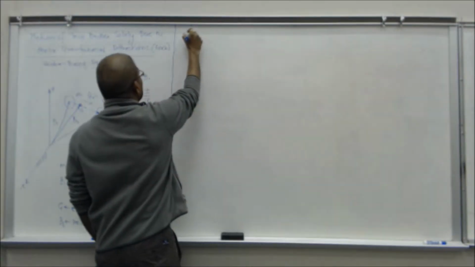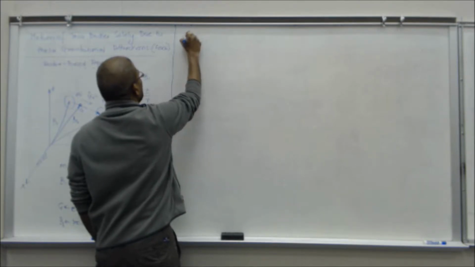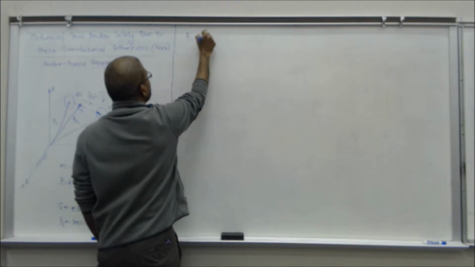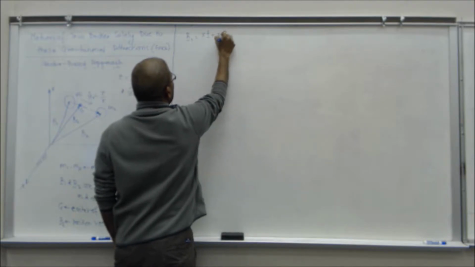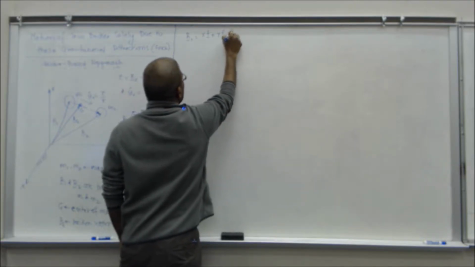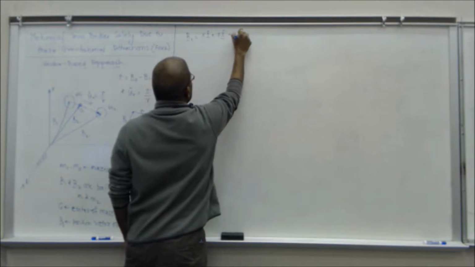How do we write R1 in components? R1 is xi plus yj plus zk.